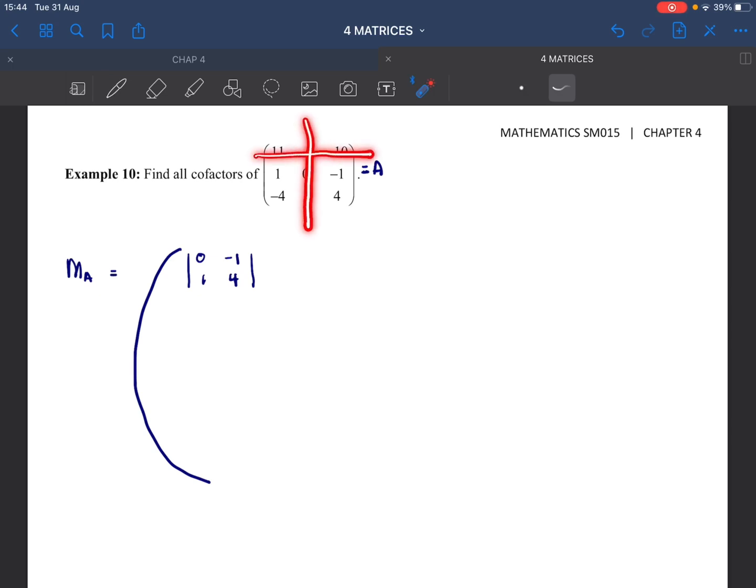Yang tinggal ialah 1, negative 1, negative 4, 4. Okay, so yang kat sini pula, apa yang tinggal? Which is yang ini, kita akan delete yang ini. Delete yang ni, yang tinggal 1, 0, negative 4, 1. Okay, boleh teruskan?